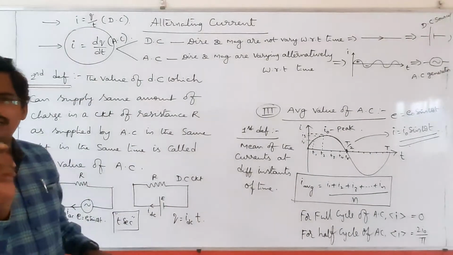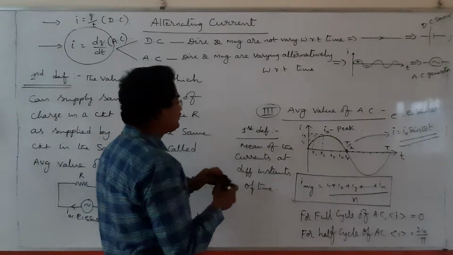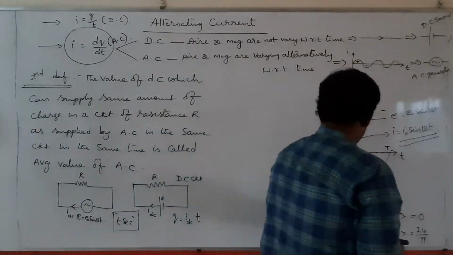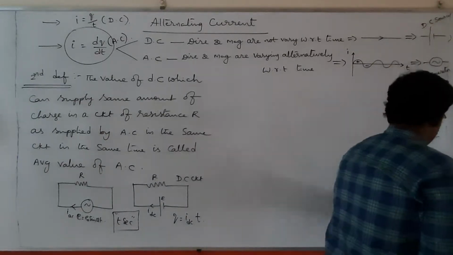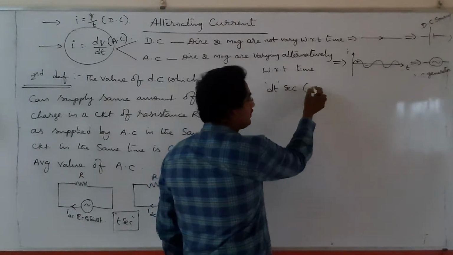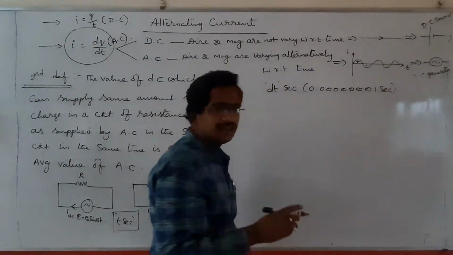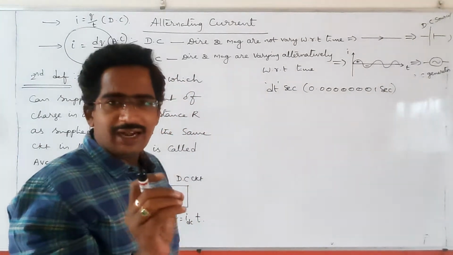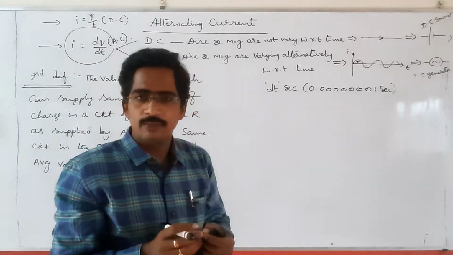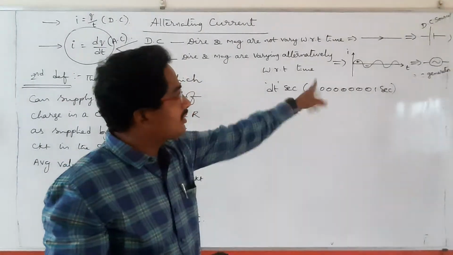Now, in a small interval of time of dt seconds, say 0.0000001 seconds, the current does not vary by much. So the current can be treated as constant in that small interval of time.